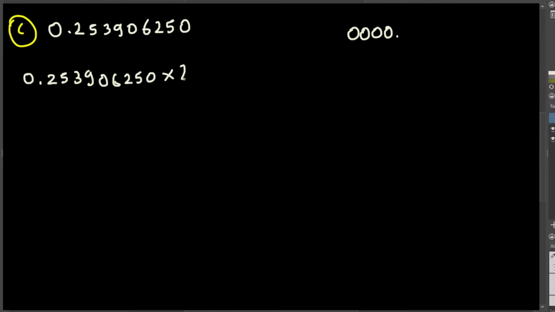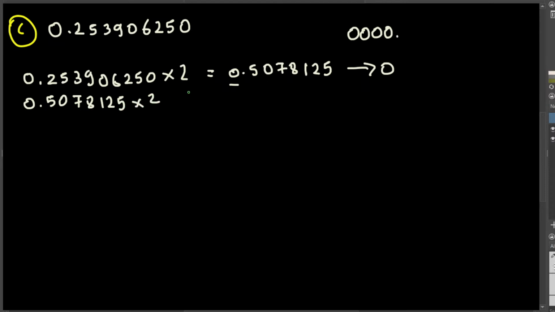0.3906250 multiplied by 2 gives us 0.5078125, and here we have 0, so that one comes here. Then 0.5078125 multiplied by 2 gives us 1.015625, and here we have 1, that one comes here.